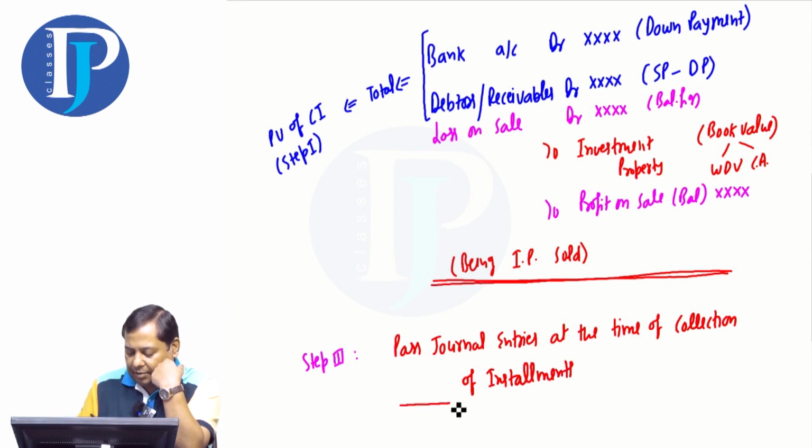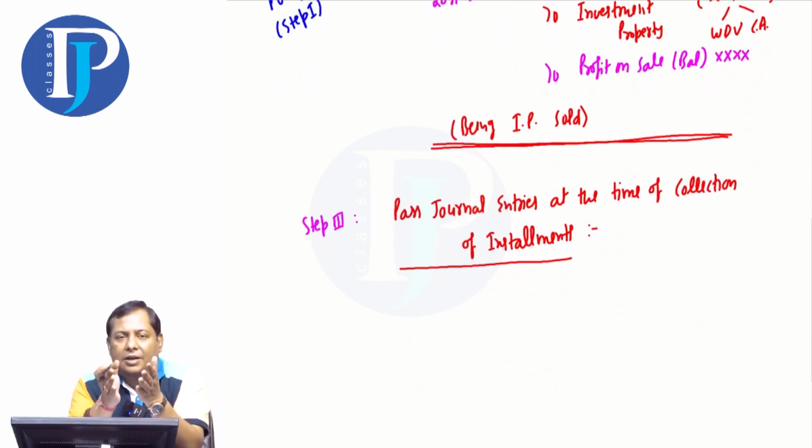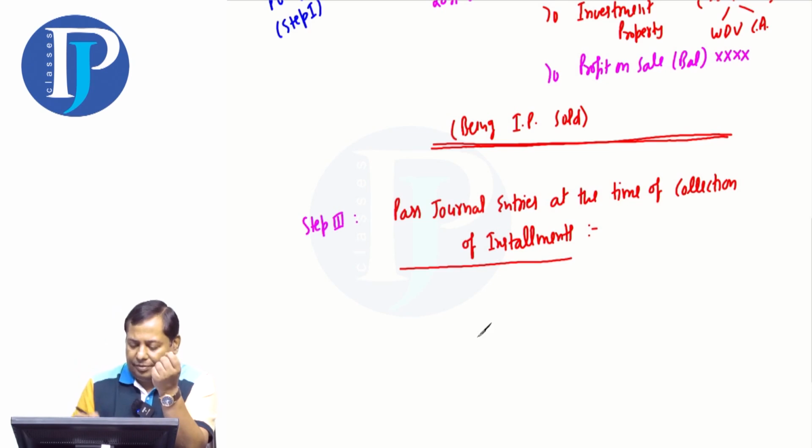So when the time comes to collect it, the installments are half yearly, so the rate of interest is half yearly. If installments are quarterly, then the rate of interest is quarterly. If installments are annual, we will take the rate annual. Whatever the installments are, we will take the same rate. I told you this before. We'll pass the first entry.